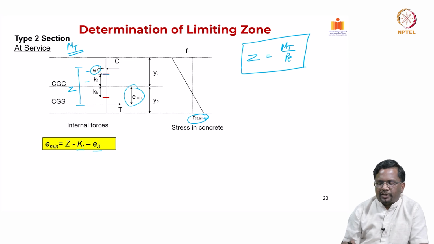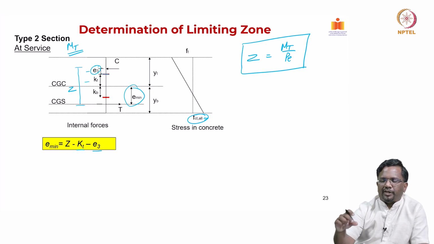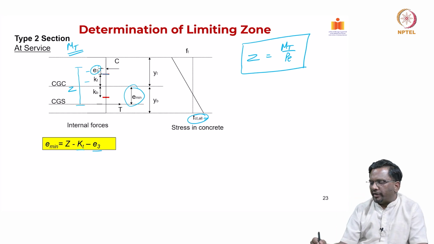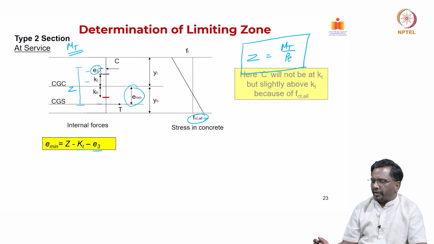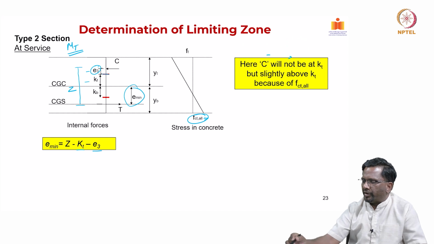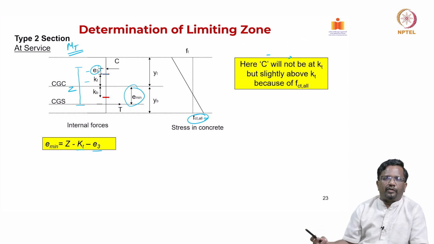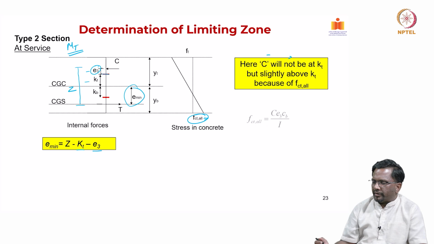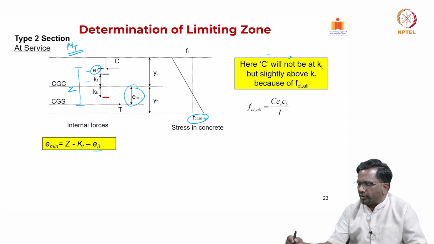Now what is E3? C into E3 is the moment that is creating FCT allowable at the bottom. So I can quickly calculate my E3 as well. Now again, the C here will not be at KT, but will be slightly above KT because of FCT allowable, right. So now we got that. What is this moment creating?